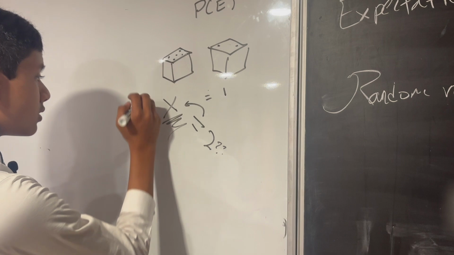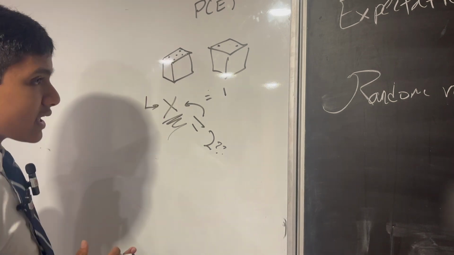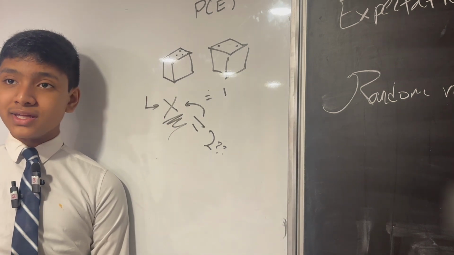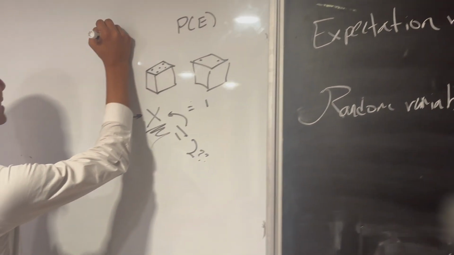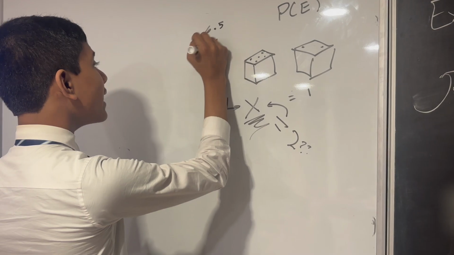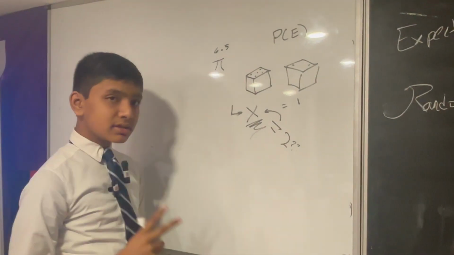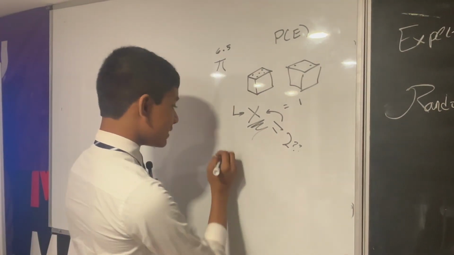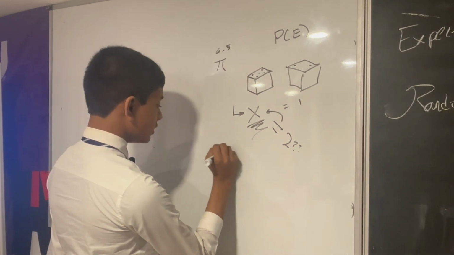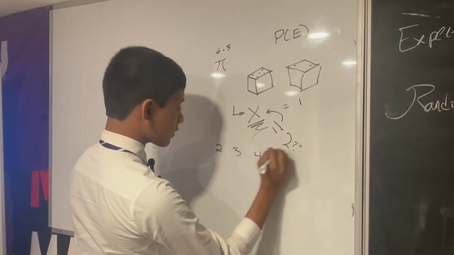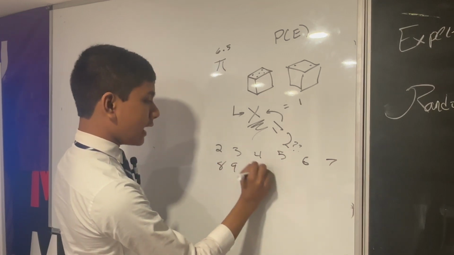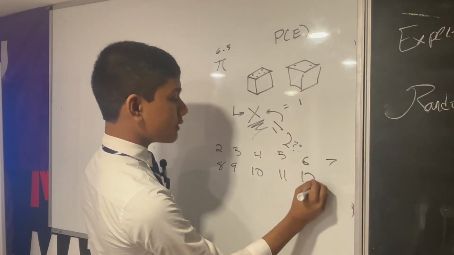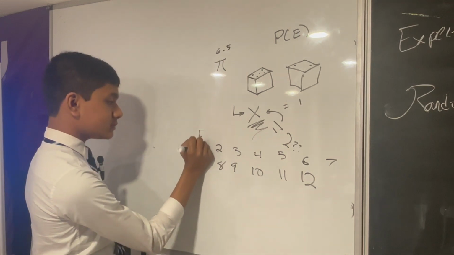Well, for X in particular, X is a discrete random variable. What does that mean? You cannot roll 6.5 or pi with two dice. With two dice, you get exactly 11 options: 2, 3, 4, 5, 6, 7, 8, 9, 10, 11, and 12. Note how there is no 1.